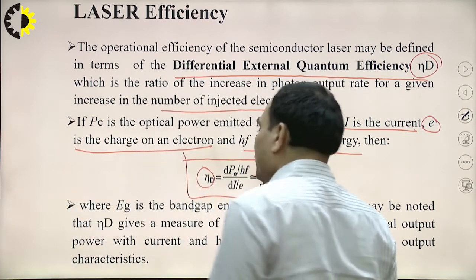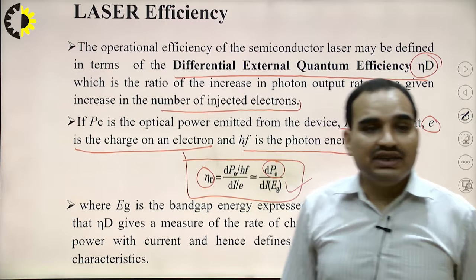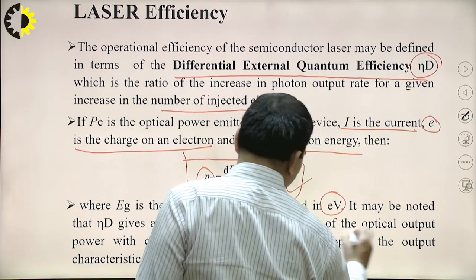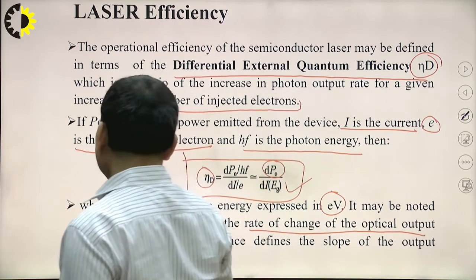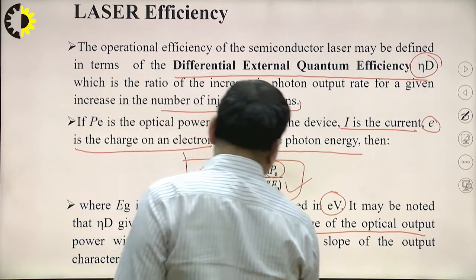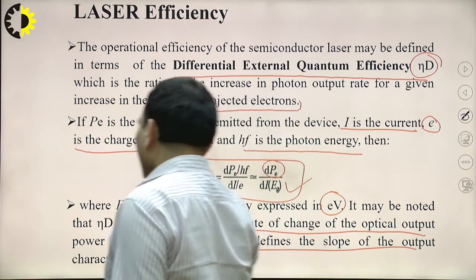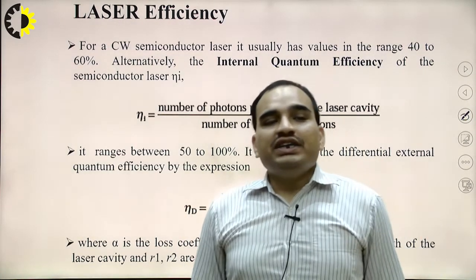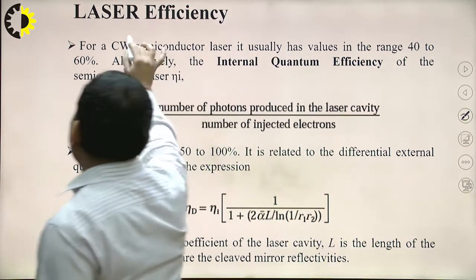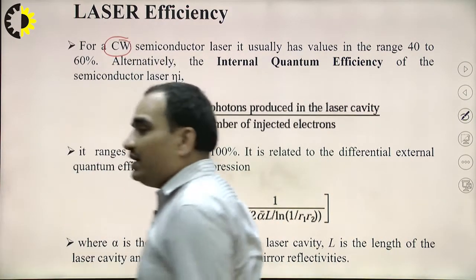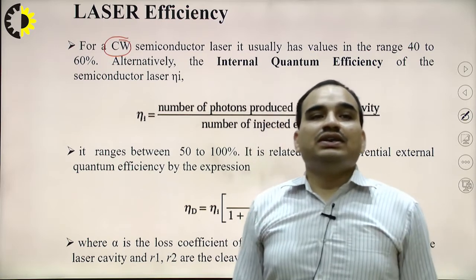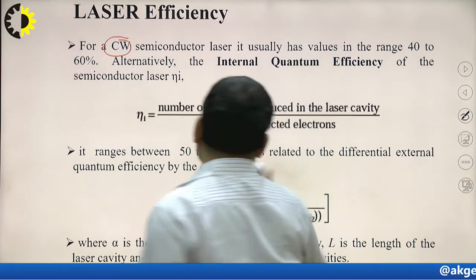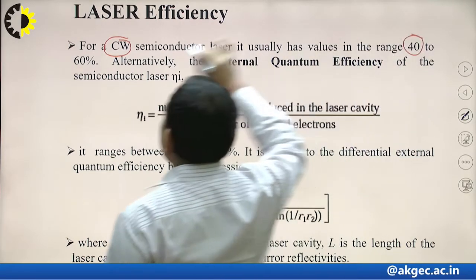So, it may be noted that eta d gives a measure of the rate of change of optical output power with current, and hence defines the slope of the output characteristics. For a continuous wave, also abbreviated as CW, semiconductor laser, it usually has values in the range of 40 to 60%.